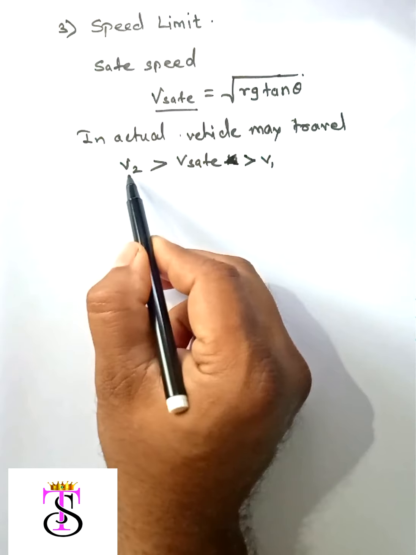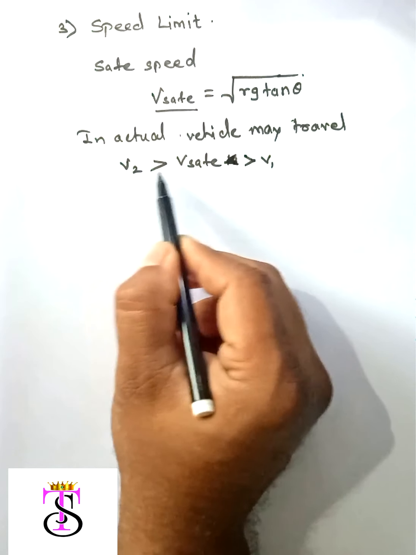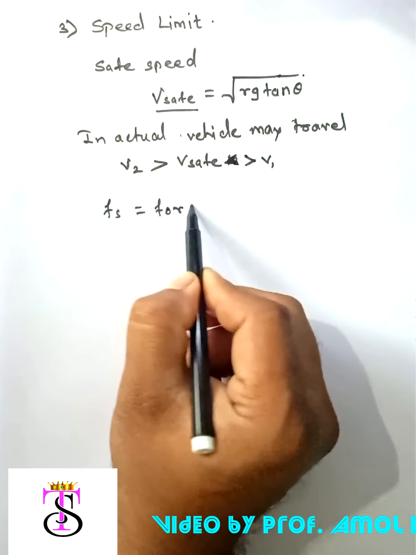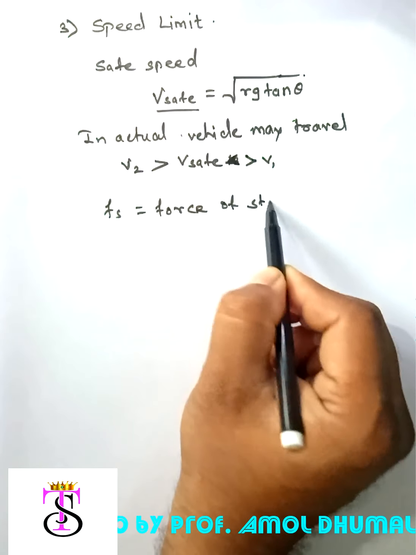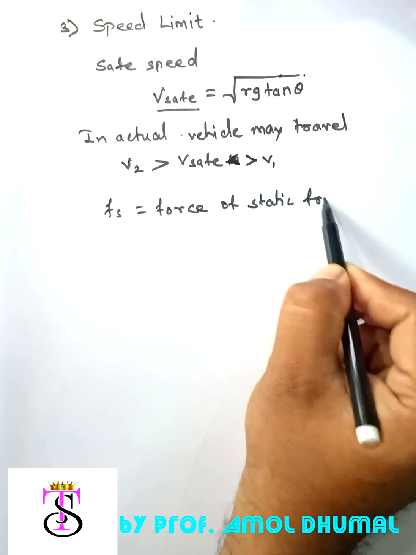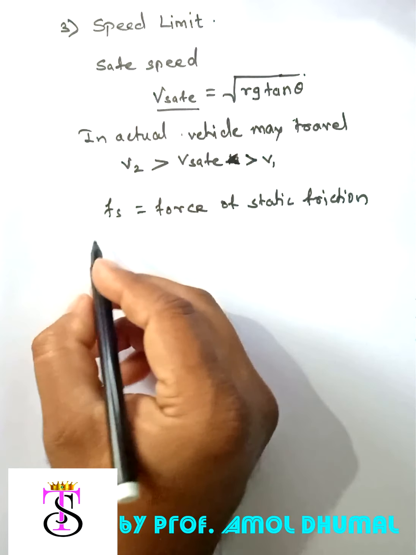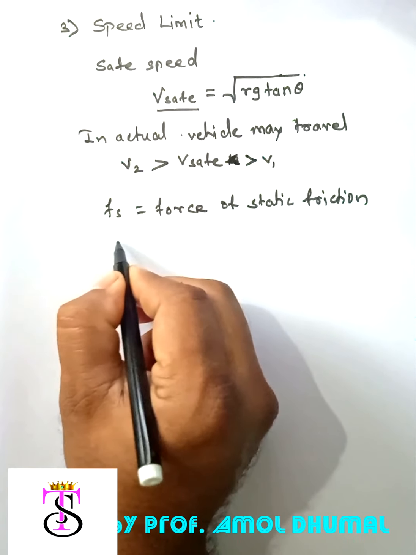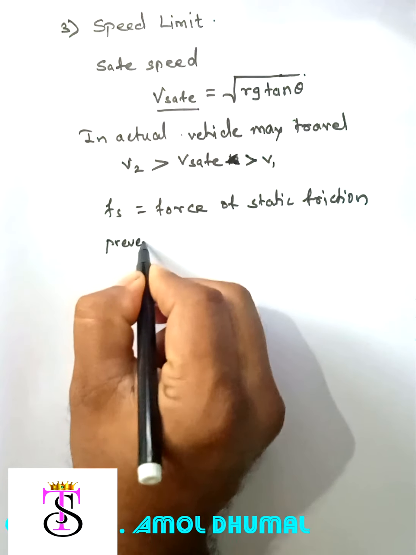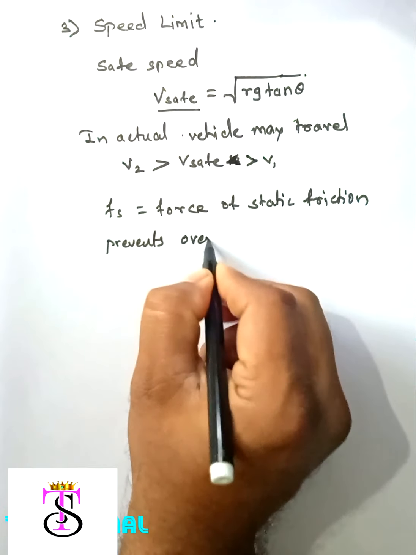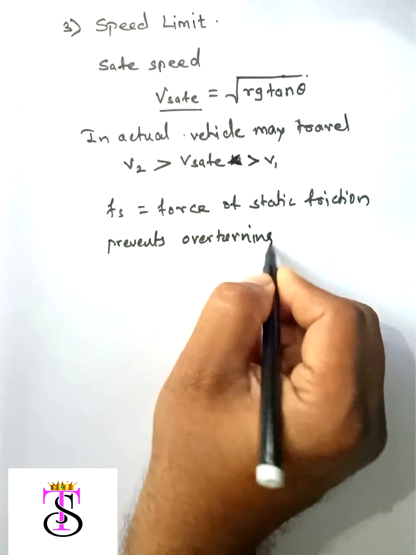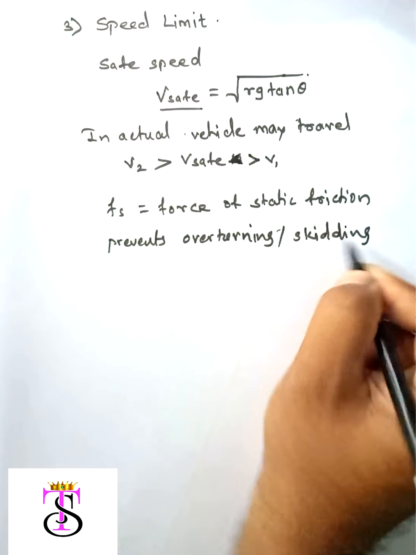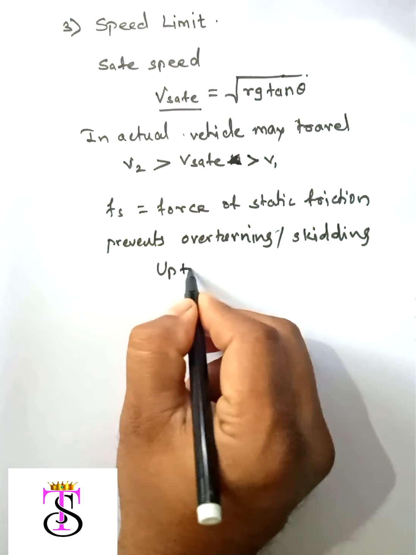So for higher speed, the force of static friction helps in preventing the vehicle from overturning or skidding up to a certain limit.